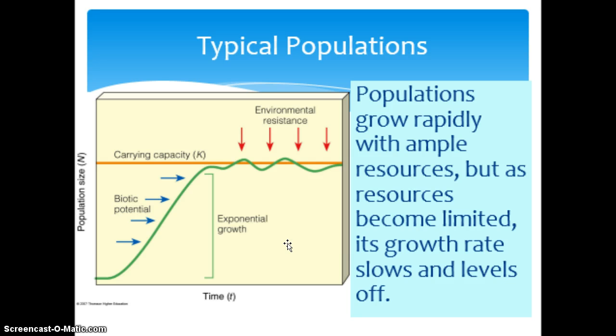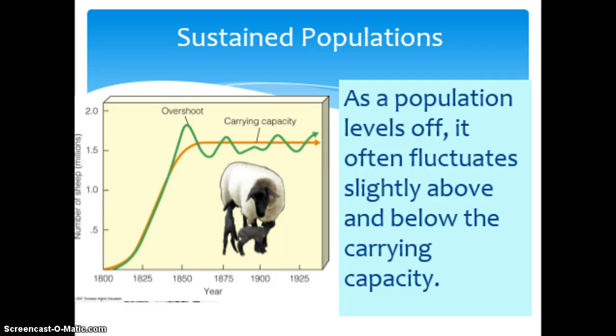At that point R would go up, and you would start to see the population grow again until it hit K once again. But you do often see this continuous fluctuation around carrying capacity, where the population will overshoot it, die back off, come back up again, and just keep going back and forth.